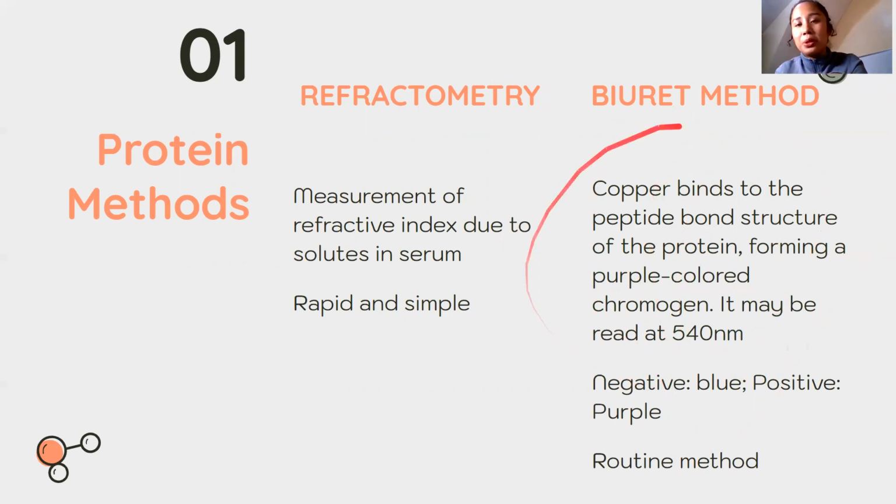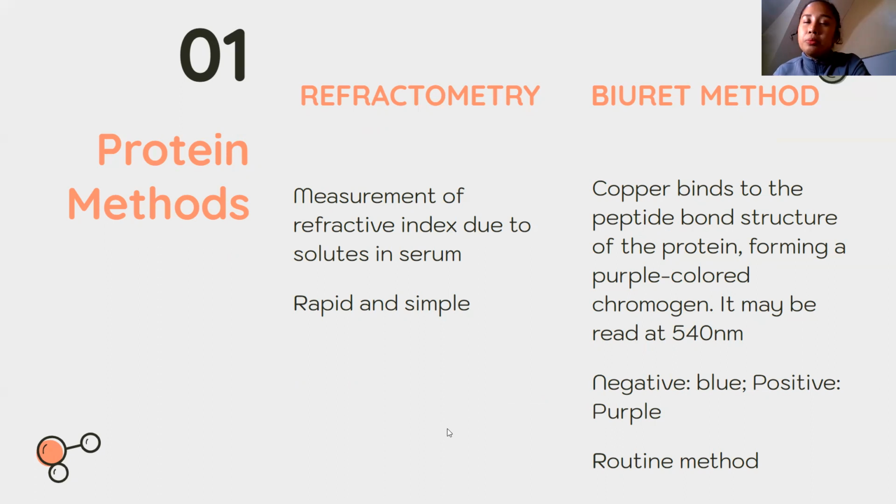Biuret method or Bure method. So class, upon the addition of Bure, your Bure reagent has copper. So your copper, guys, binds to your peptide bond. So class, ang Bure method nagiging positive siya pag may peptide bonds. So yung copper nagre-react sa peptide bond. Class, lahat ng proteins may peptide bonds. Peptide bonds are used to connect your amino acid to one amino acid.